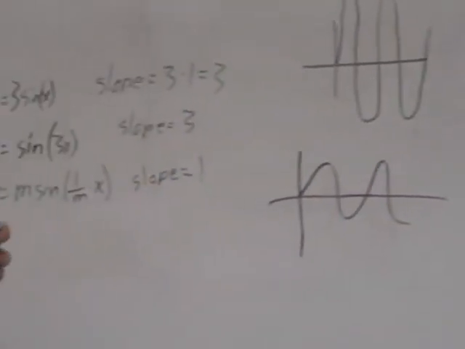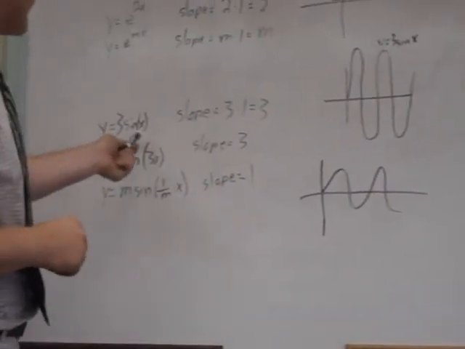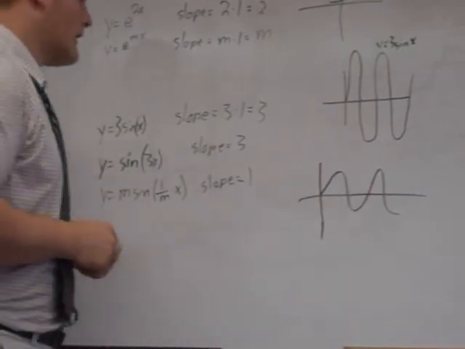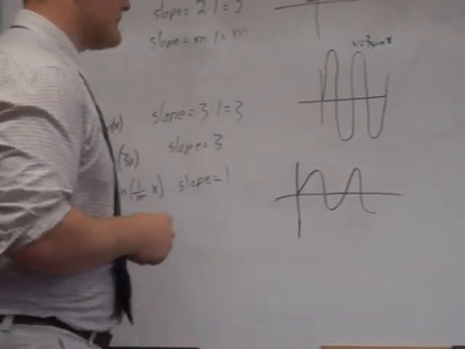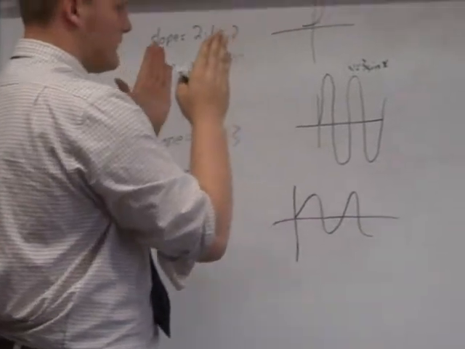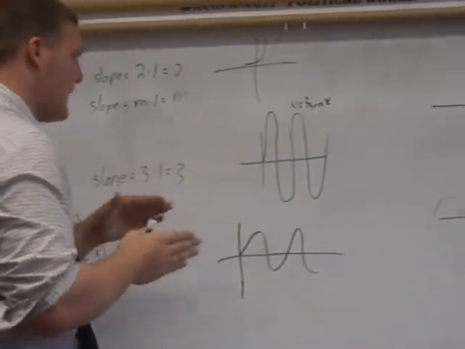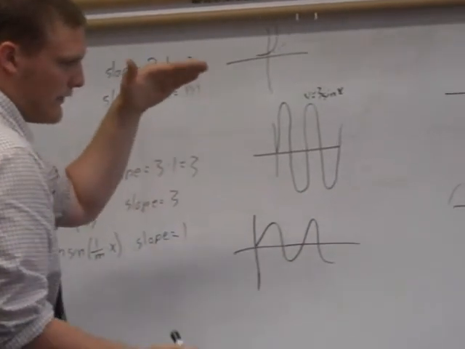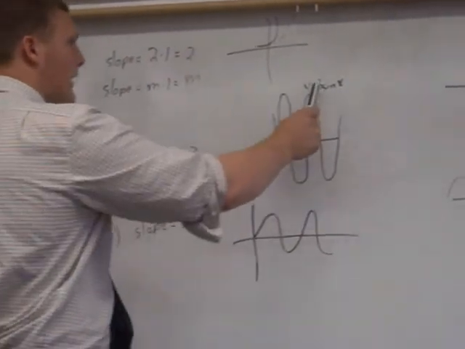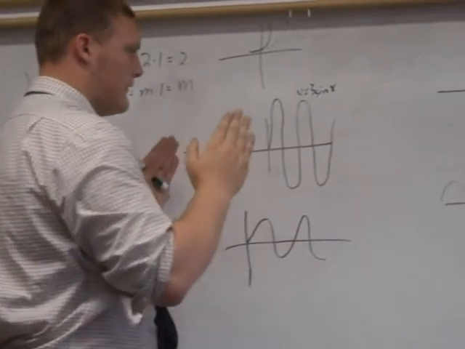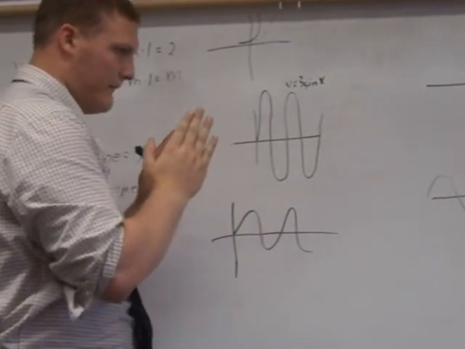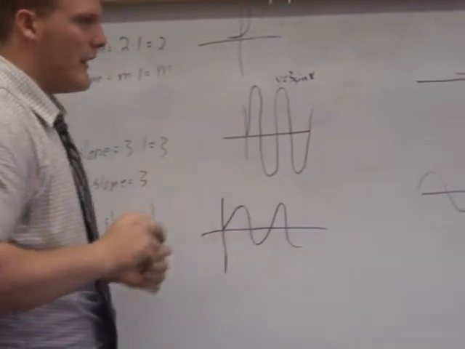So when we go to manipulate it a little bit, we have a couple different examples: 3 sine x and sine of 3x. For the 3 sine x one, whereas in the last one we were pushing it together because there's 2 x's for every y, this one we are stretching vertically. So there's essentially 3 y's for every x. It's making the graph look more scrunched, for lack of a better word.